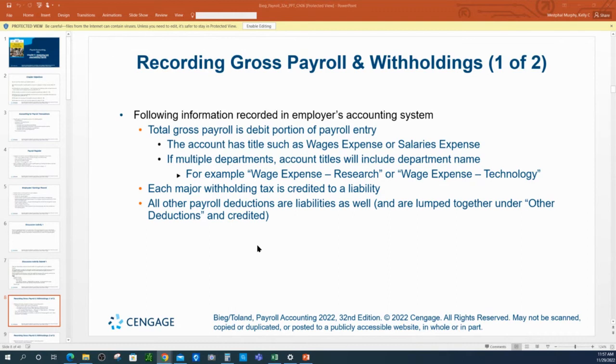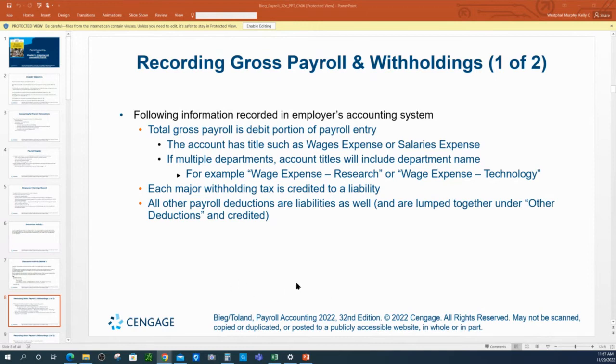But the total gross amount, not the net, but the gross amount of pay before anything that we've withheld, is going to be our debit portion of that. And it's going to be our wages expense or salaries expense. Maybe we're going to subdivide it based on different departments. That's fine. But it's still an expense, so we are going to debit it.